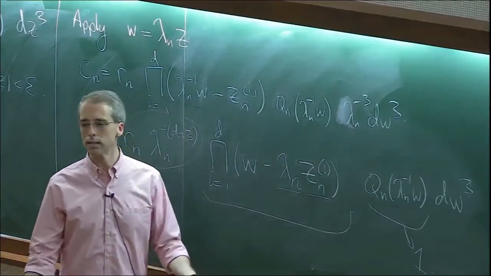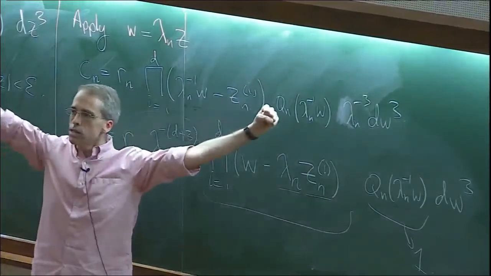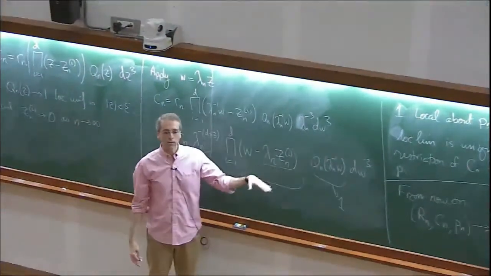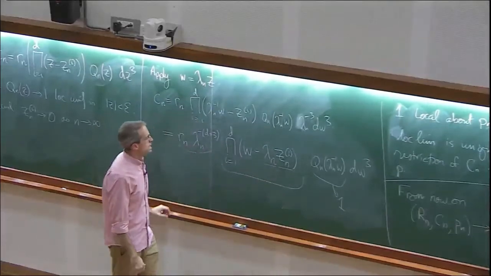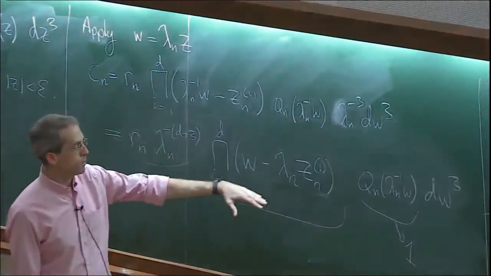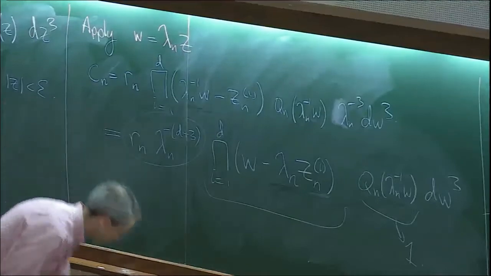And you don't know who wins. Maybe lambda n is going to be growing so quickly that it blows all of the zeros up way far from the origin. Or maybe even after the scaling, all the Zni go to 0. Or maybe something in between. But in the case where some of them go to infinity, that's a serious problem, because then this expression does not have a locally uniform limit in the complex plane.